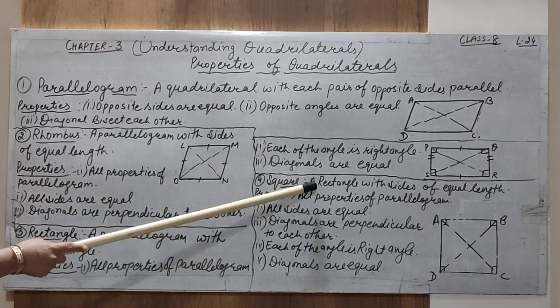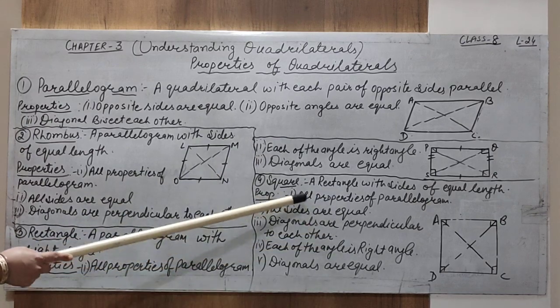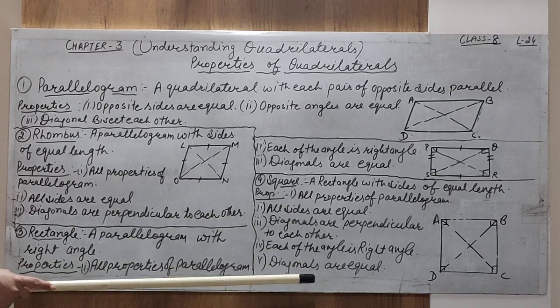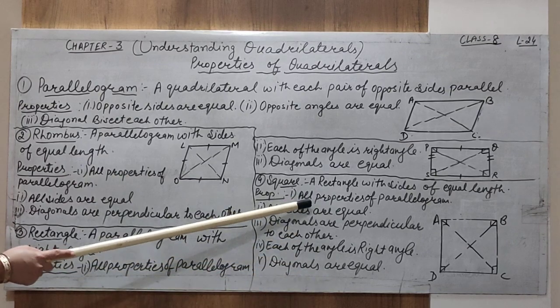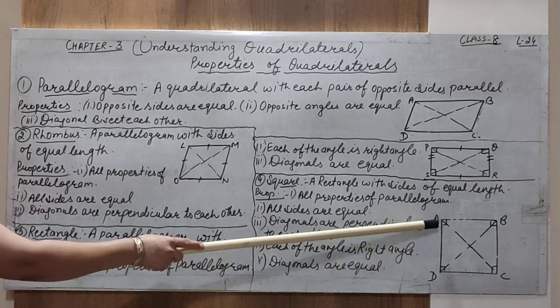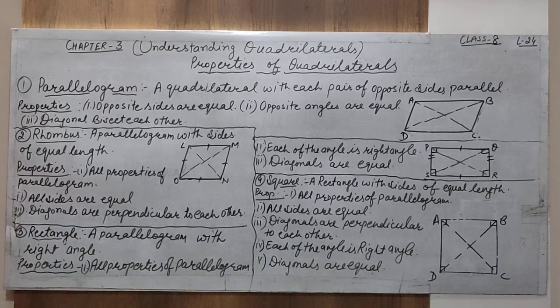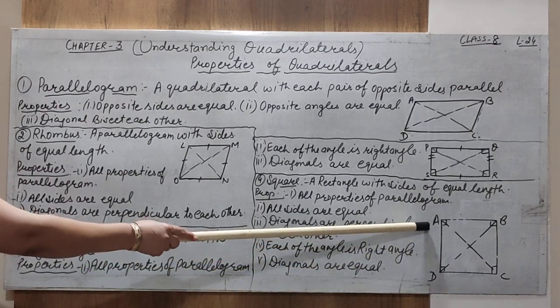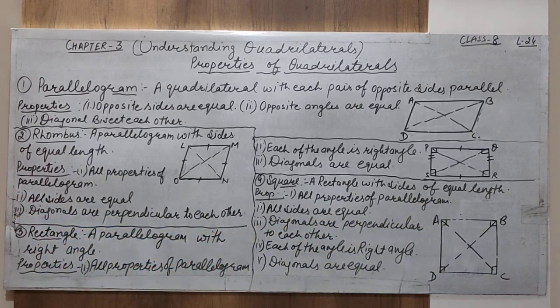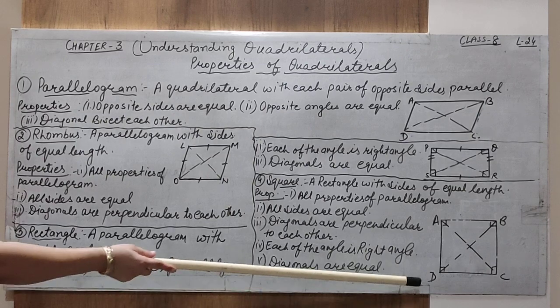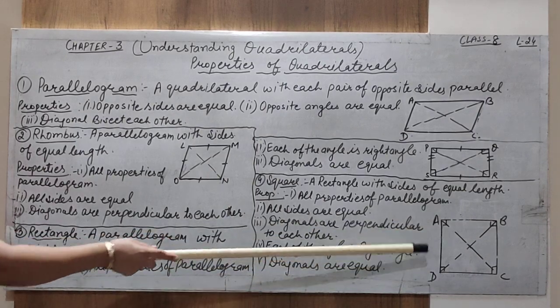So we have to count all the properties of the square. First, you can see in the diagram, ABCD is a square with all sides equal. That is, side AB is equal to side BC, and side BC is equal to side CD as well as equal to side AD.